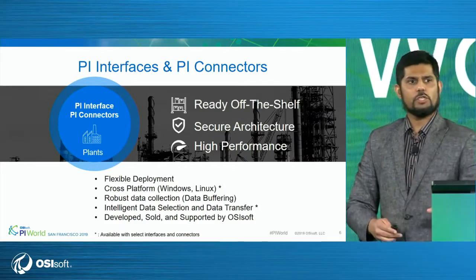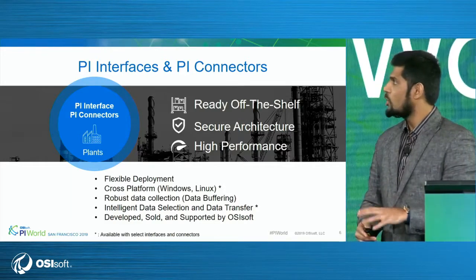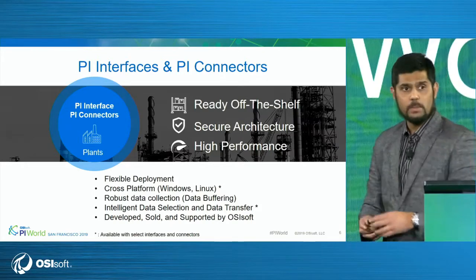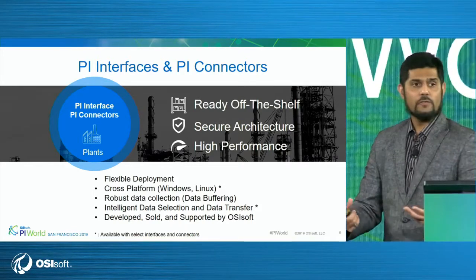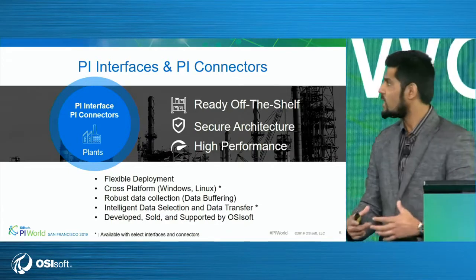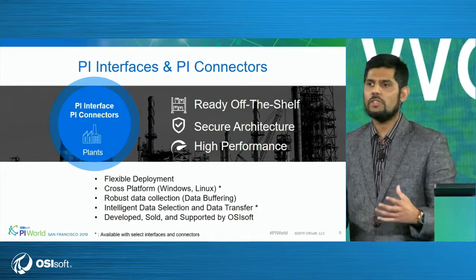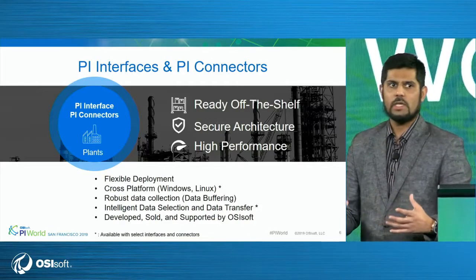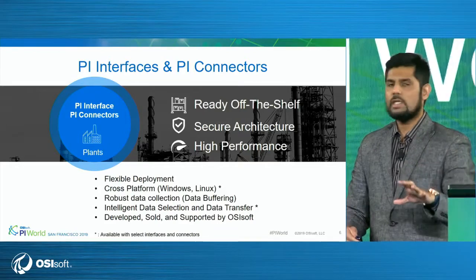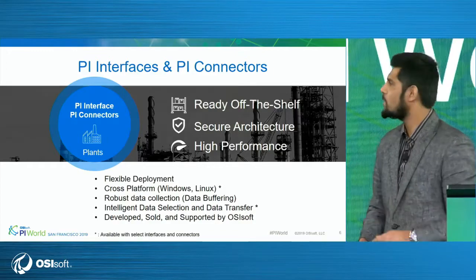But be assured that regardless of the technology you decide to go with, you have a great feature set in the form of flexibility when deploying it, cross-platform compatibility, robustness and reliability when collecting this data, and, most importantly, these are OSIsoft developed solutions, which means that you as a user and customer need to have zero in-house development experience to get started with these.